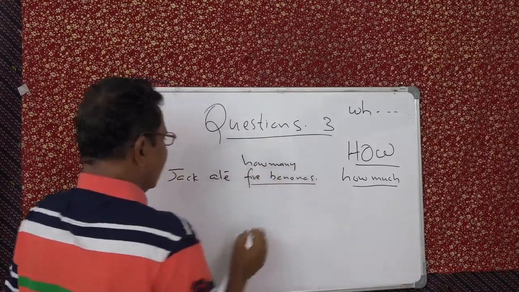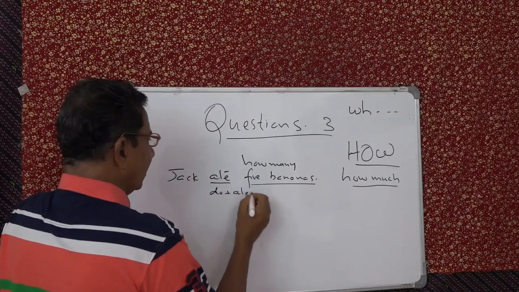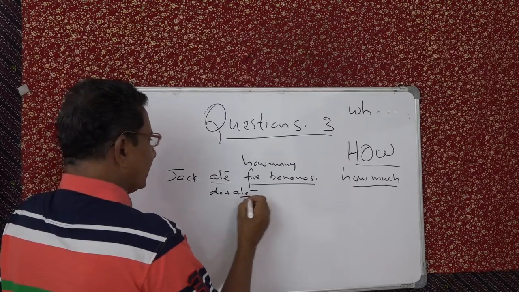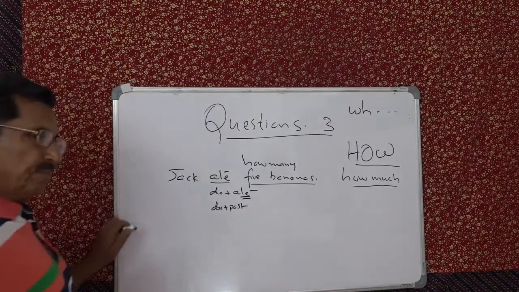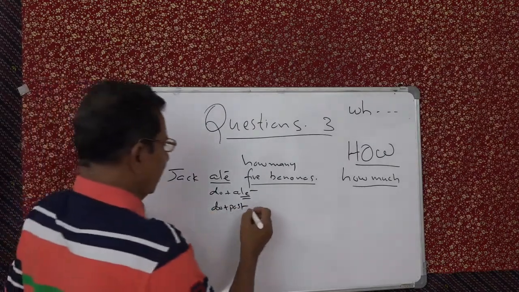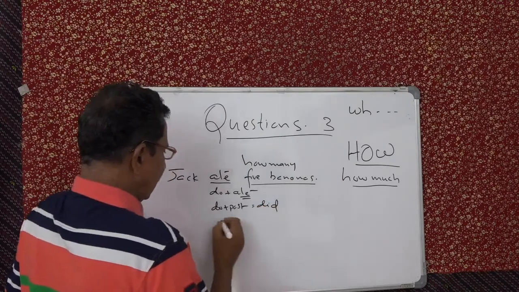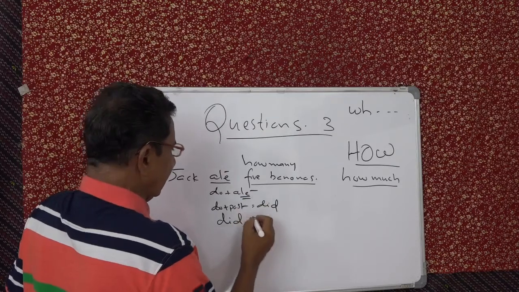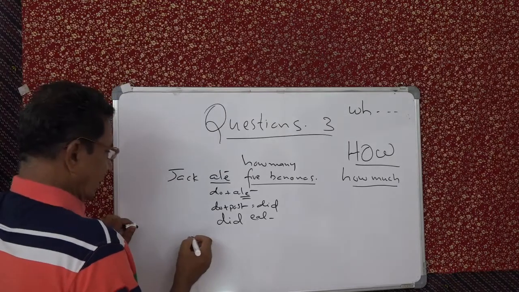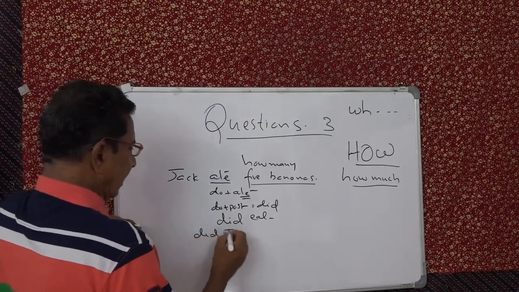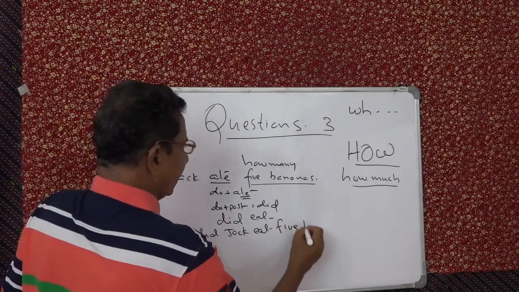Number. Do plus past, you cannot see it as an ed, so you get did. When it is did, only eat remains. And so you will see did Jack eat 5 bananas.